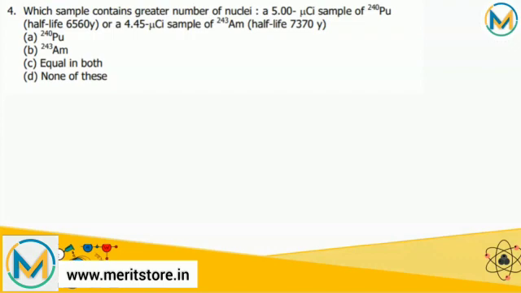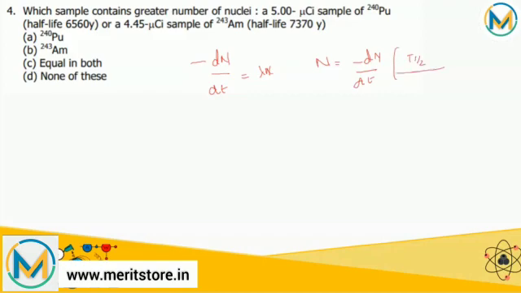Okay, so first of all, we know that the activity, minus dN upon dt, is equal to lambda N, and therefore N is equal to minus dN upon dt into T half, that is the half-life, the whole upon log to the base e of 2.